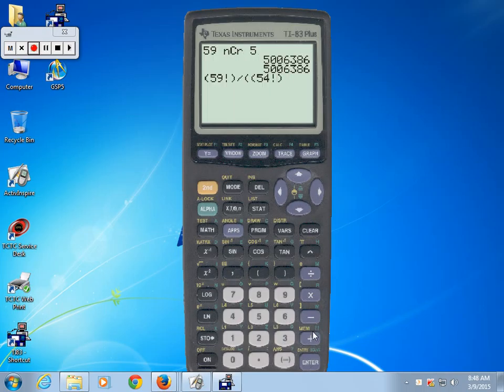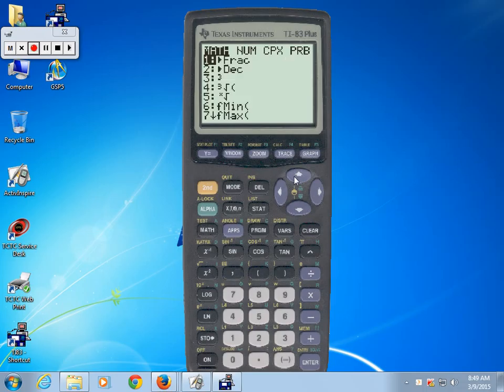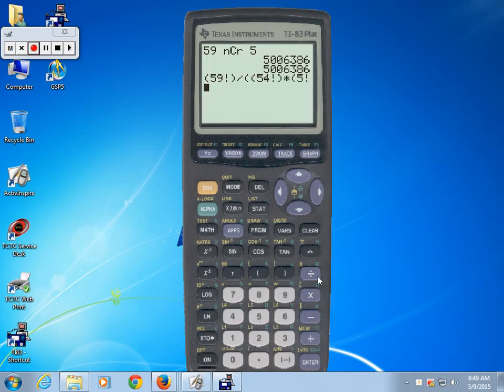Parentheses times what? Is it n factorial? R factorial, which will be 5 factorial times 5 factorial. Now I'm starting to see why it's tedious. There we go.